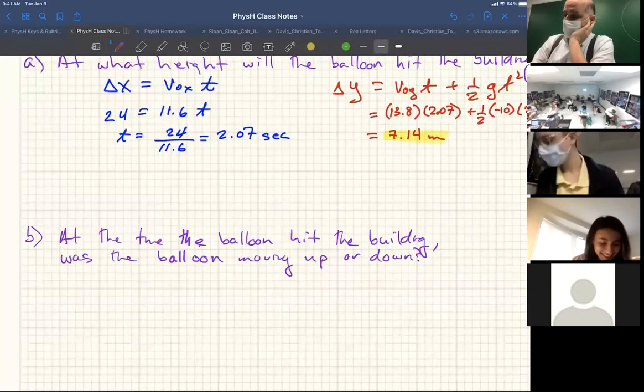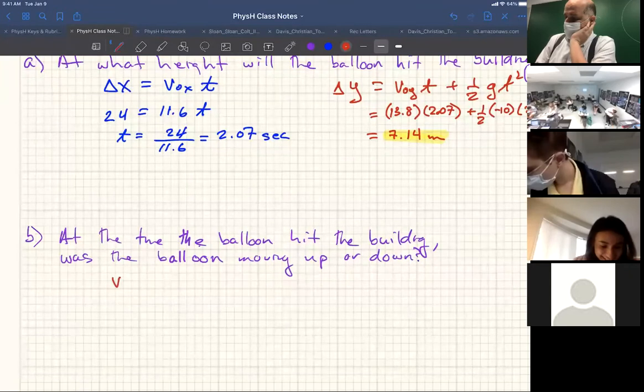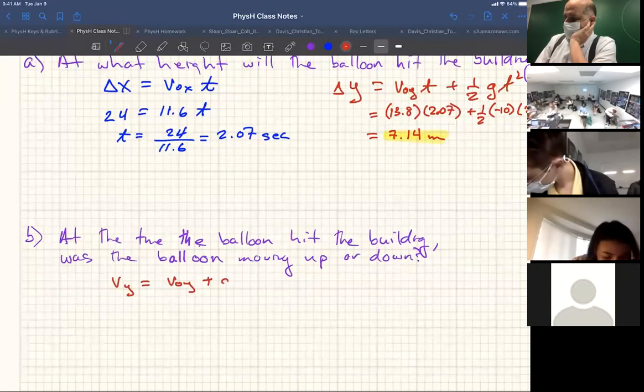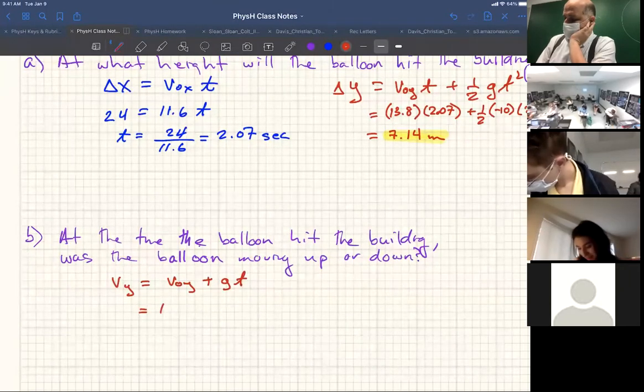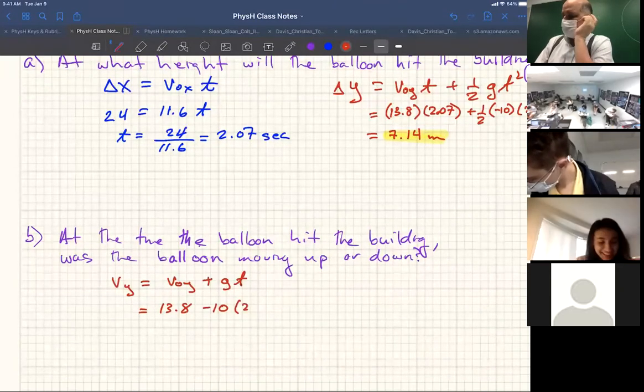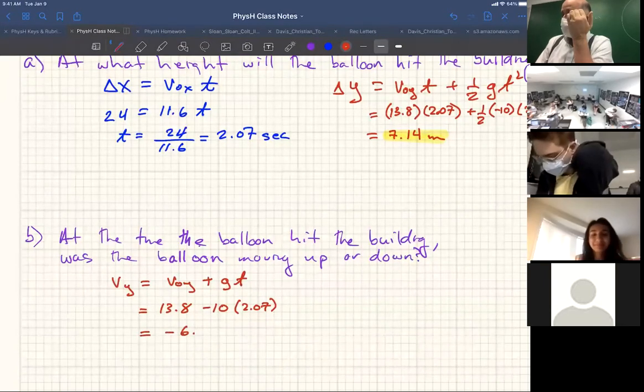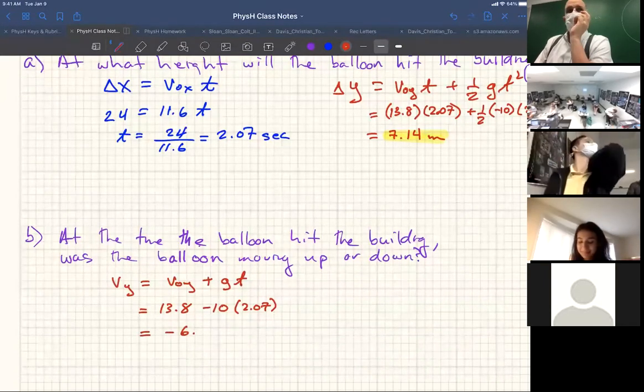So we would say Vy is V0y plus g t, and that's 13.8 minus 10 times 2.07, and I think that winds up being minus 6 point something. Does anybody have it?